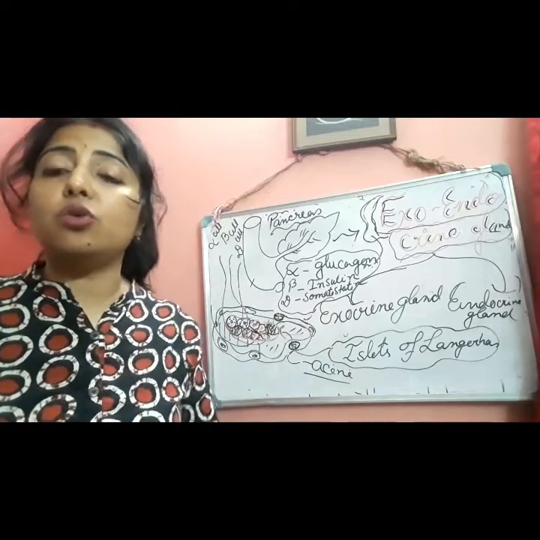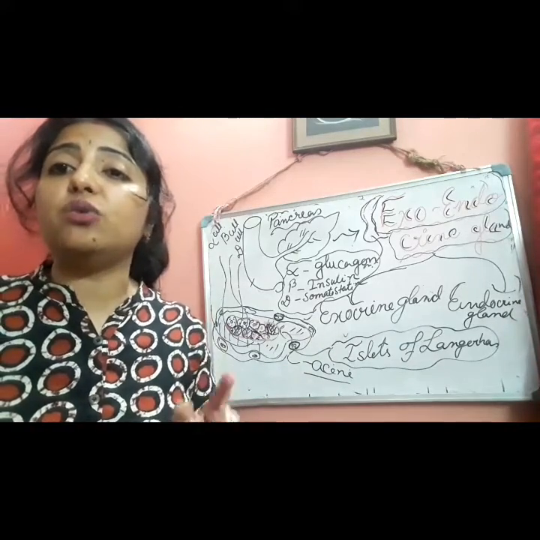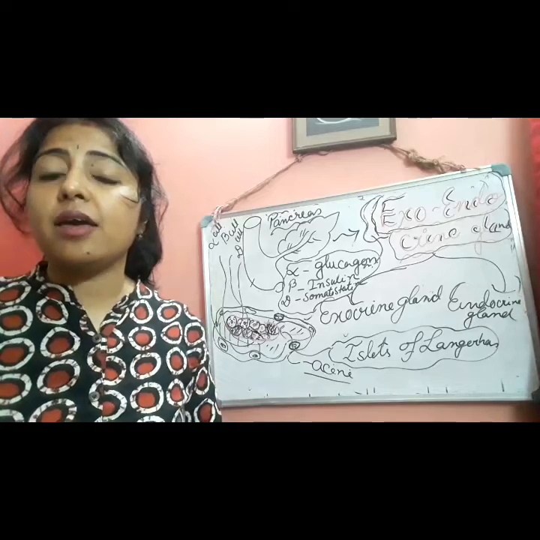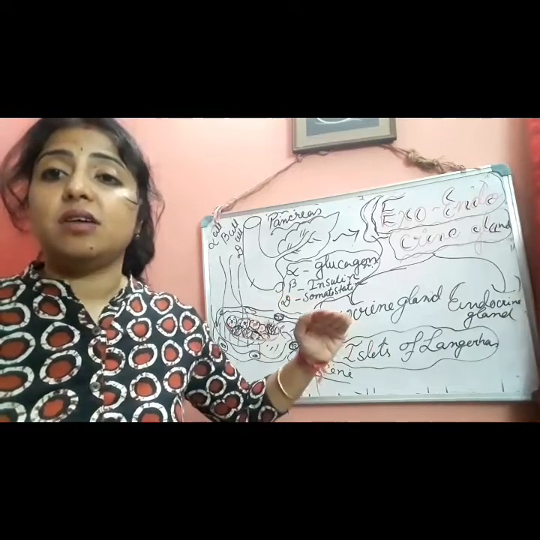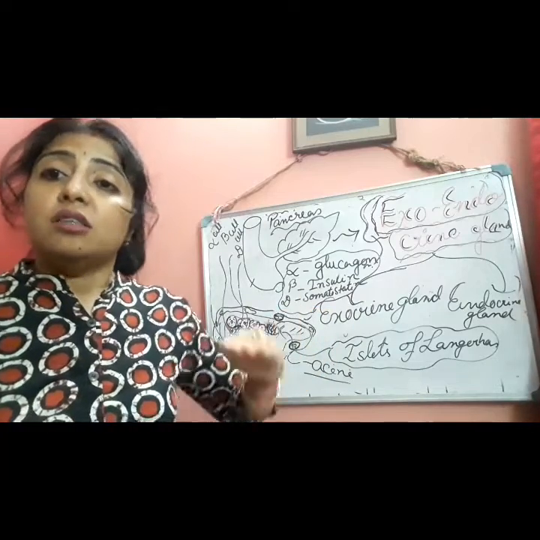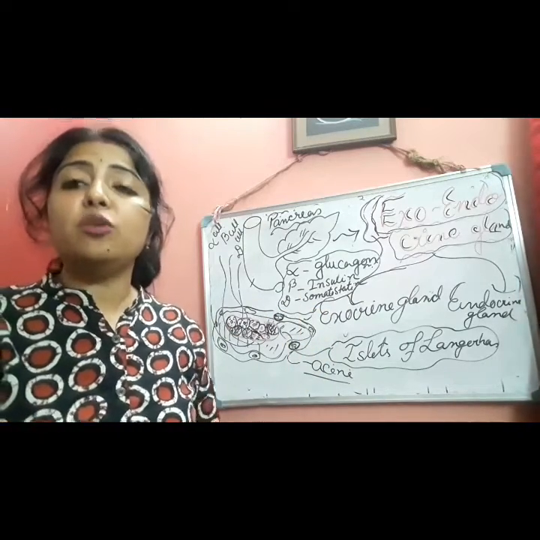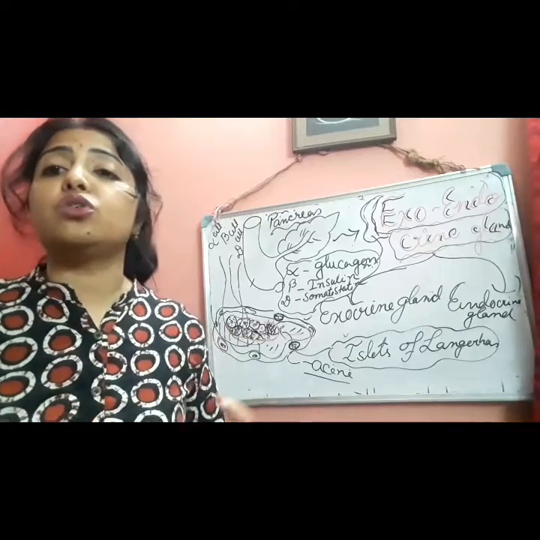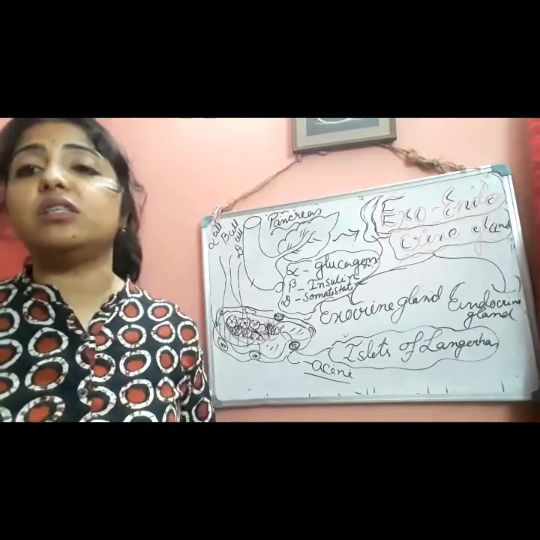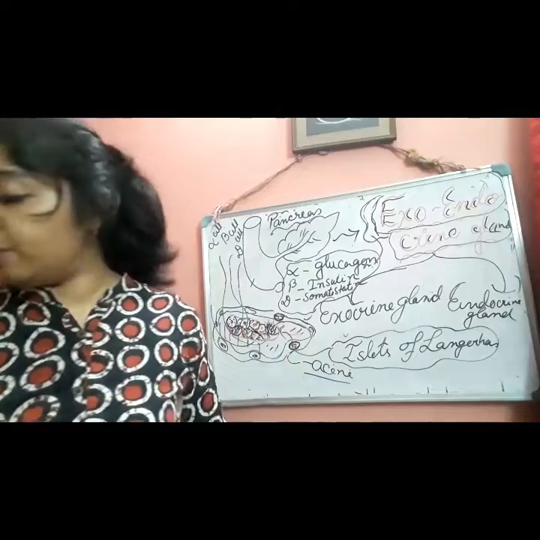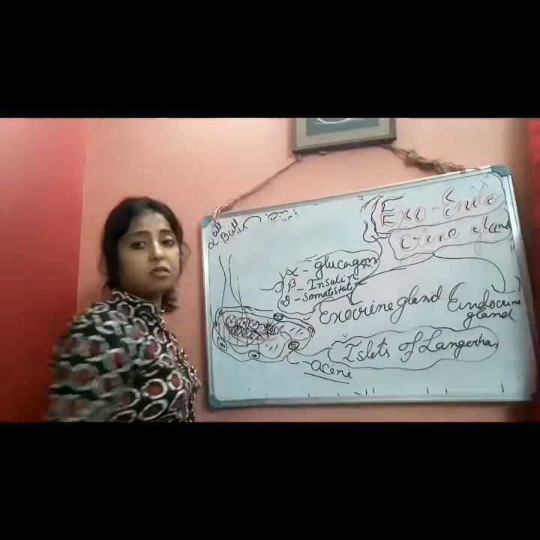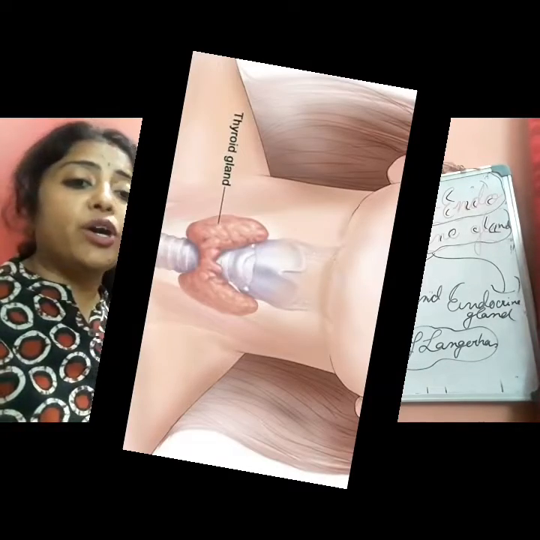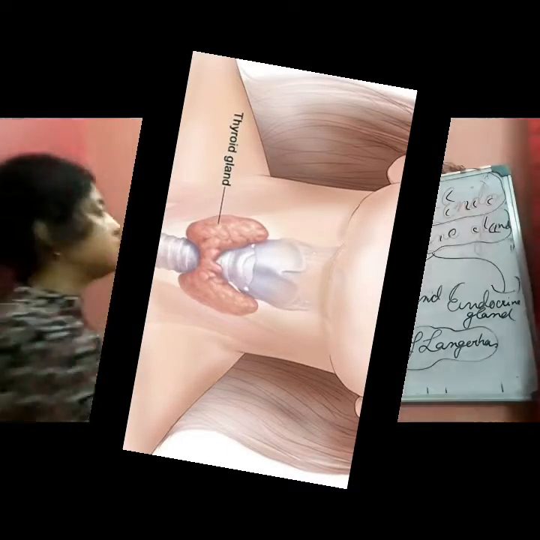The level of glucose will increase and cross the threshold level. So what will happen? Excess glucose or sugar will be excreted along with the urine. That kind of disease is known as diabetes mellitus.